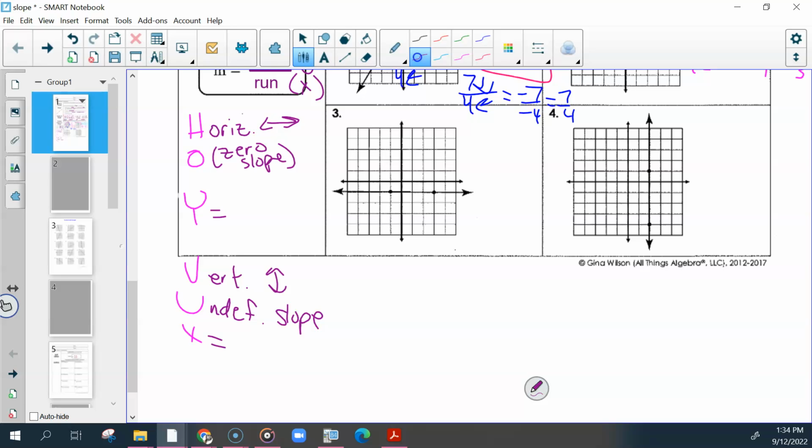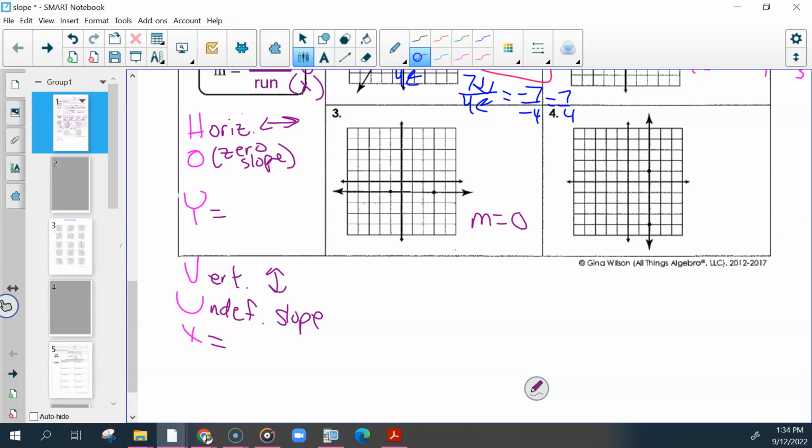Because if I see that this is a horizontal line, what is my slope? Y equals will be the type of equation it is, but it's going to be 0 slope. So if I see horizontal, I should immediately be thinking, wait, that's 0 slope. Now, could you still do the actual math part?